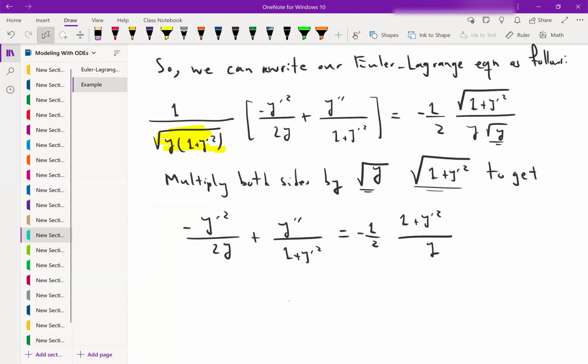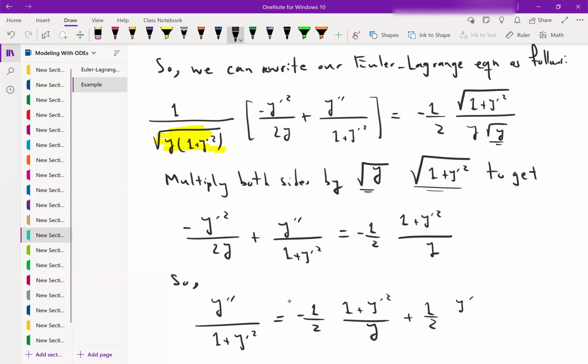All right, very, very good. So actually, let me bring the first term to the right-hand side. So y double prime divided by 1 plus y prime squared, to simplify this a little bit further, will be equal to negative 1/2 times 1 plus y prime squared over y plus 1/2 y prime squared over y.